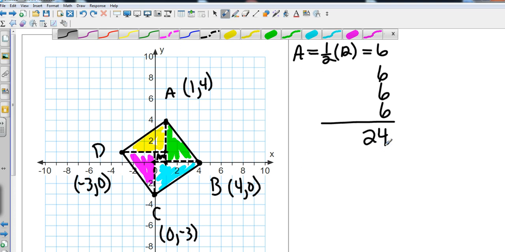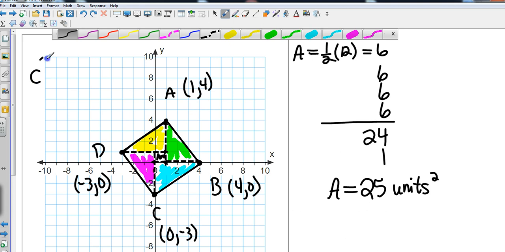And then we have the square in the middle, which is a 1 by 1. So we now have an area of 25 square units. Now, we could use the Pythagorean theorem, that is a 3 and a 4, to find the outside.